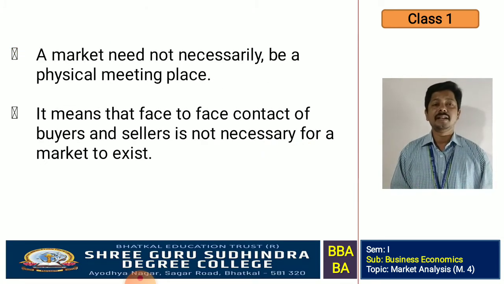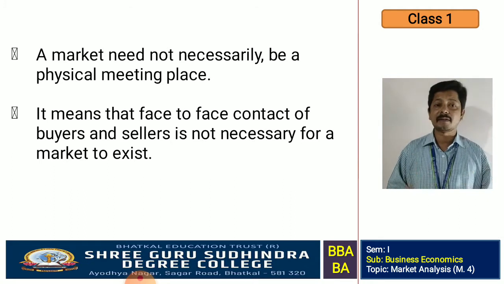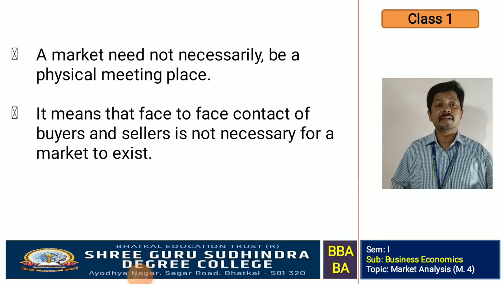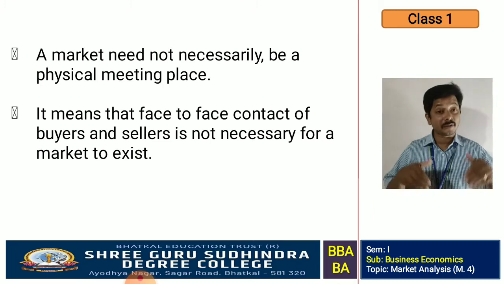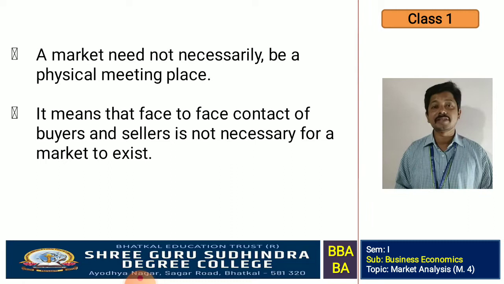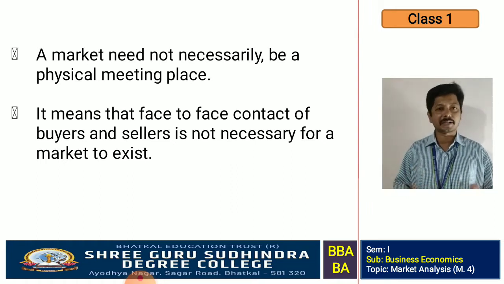So a market need not necessarily be a physical meeting place. That means any specific place is not essential. The face-to-face contact of buyers and sellers is not necessary for a market, because in today's modern scenario, the digital world and new technology, it is not necessary, right? Online marketing is also a modern method or modern structure of market.